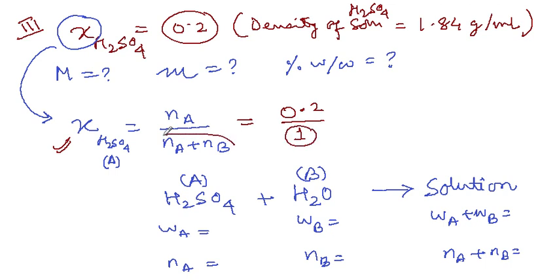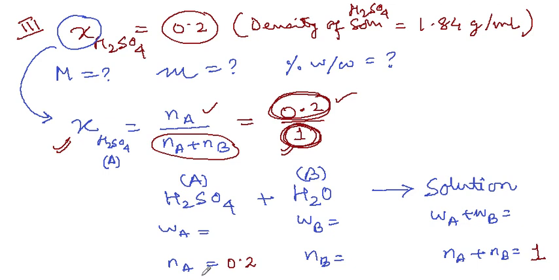Since this is the total moles of the solution, out of the total of 1, the number of moles of sulfuric acid that we have is 0.2, which means the number of moles of the solvent would be 1 minus 0.2, that is equal to 0.8. That is the total moles of the solution.